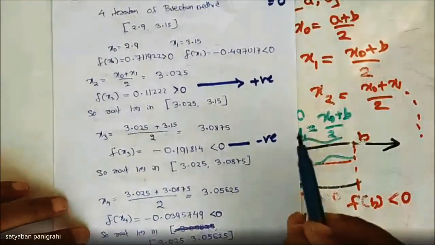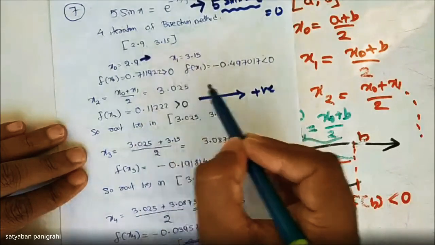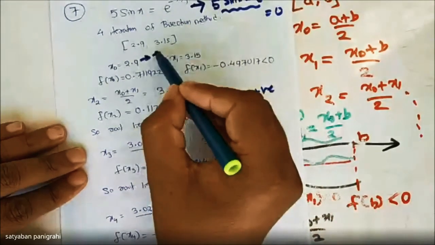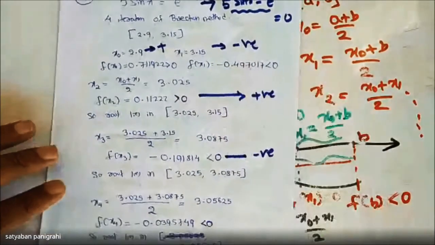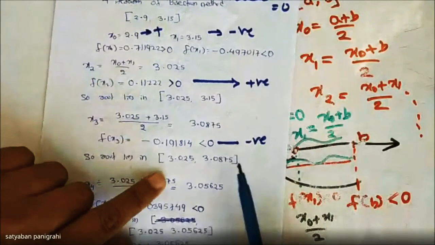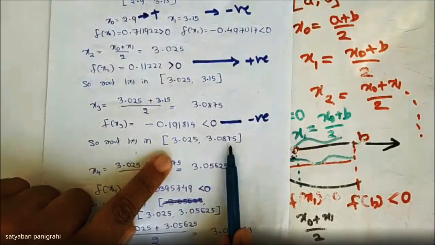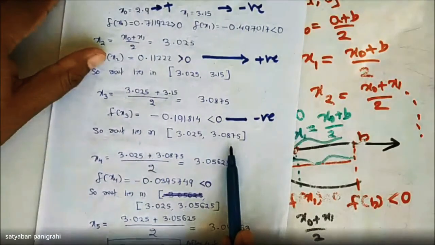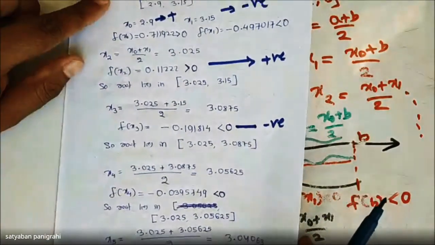Here 2.9 positive, here negative. So when negative comes, we replace negative with negative. So the interval is 3.025 to 3.0875.